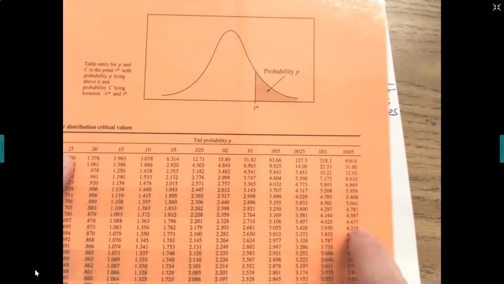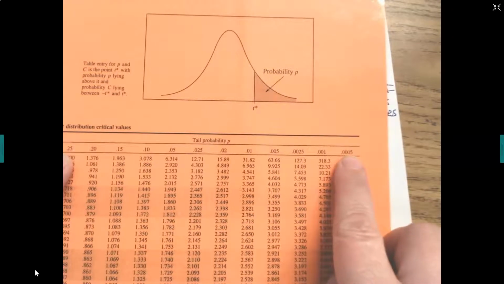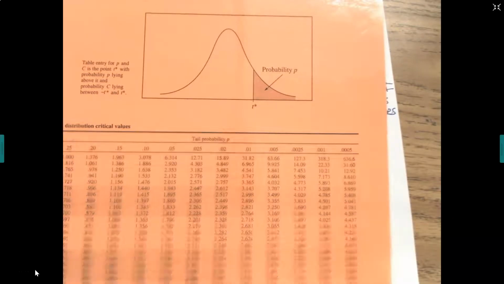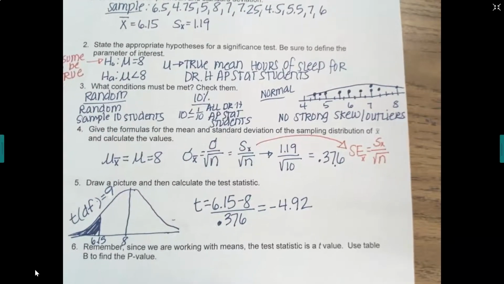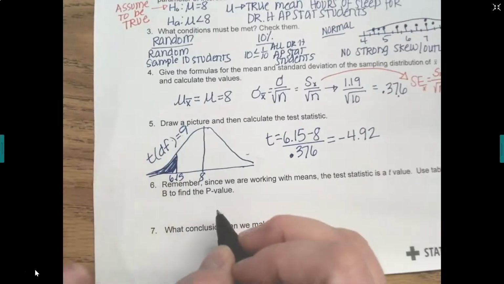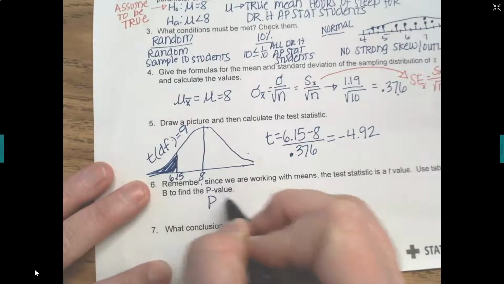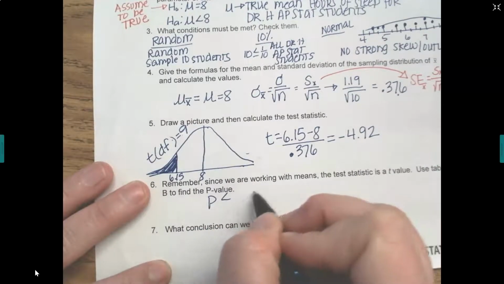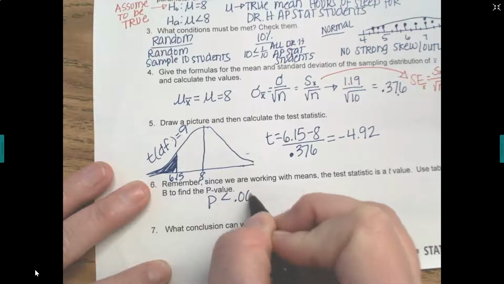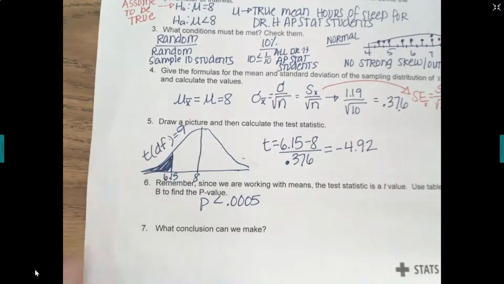So if I've gone off the chart to the right, my p-value is less than 0.0005. So our p-value is less than 0.0005 because I don't know exactly what it is using the chart.